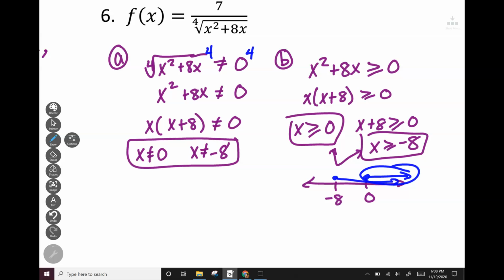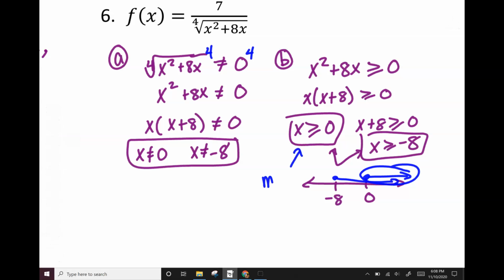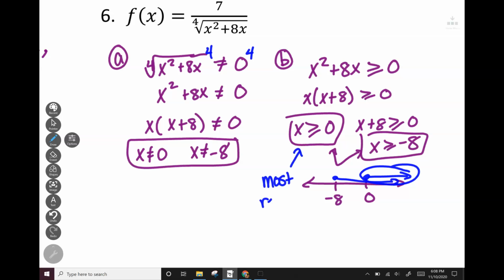It's called the most restrictive. You need to take the most restrictive interval there. So that would be x is greater than or equal to 0. Again, it's because if you're greater than 0, you're already greater than negative 8, right?